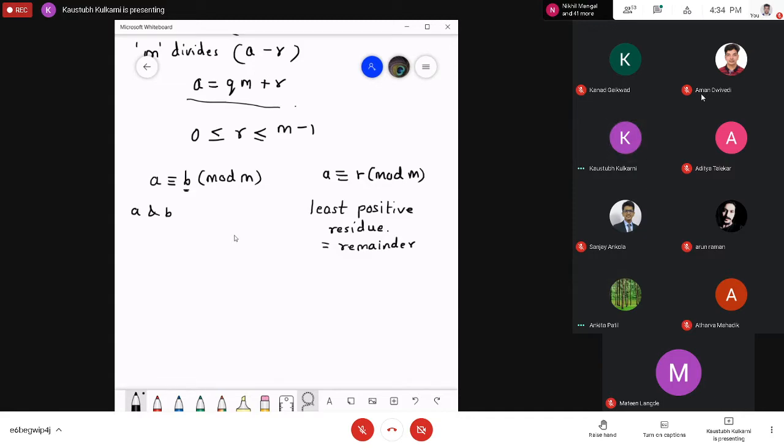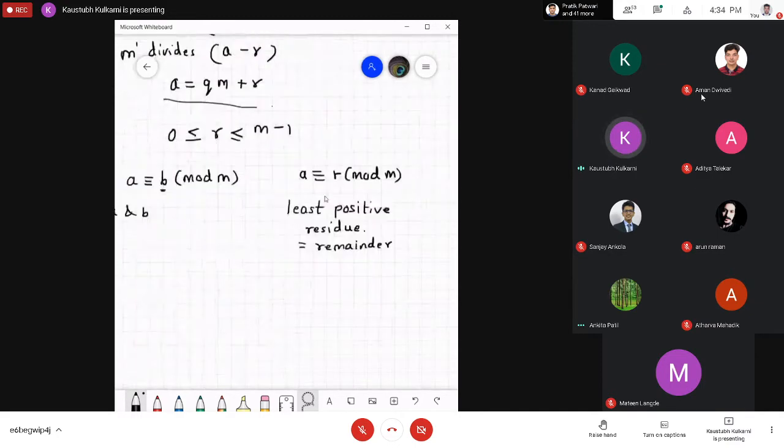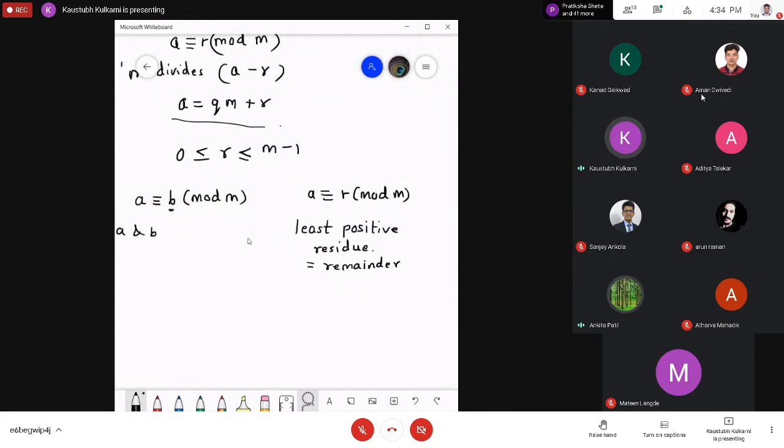So in general, we say that A is congruent to B mod M if A minus B is a multiple of M. In other words, A and B leave the same remainder when divided by M. So there is no separate name for A or B. We can say that A and B are congruent. Only if we have something which is within 0 to M minus 1, then we can say that it is the remainder when A is divided by M.